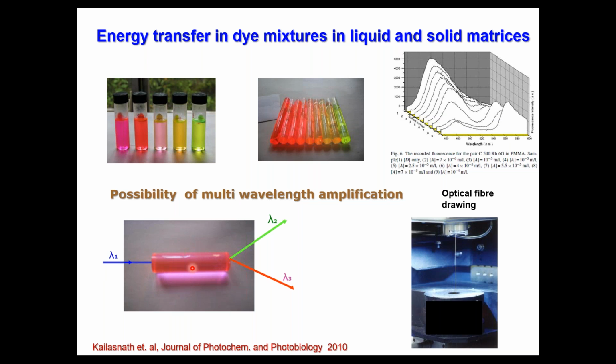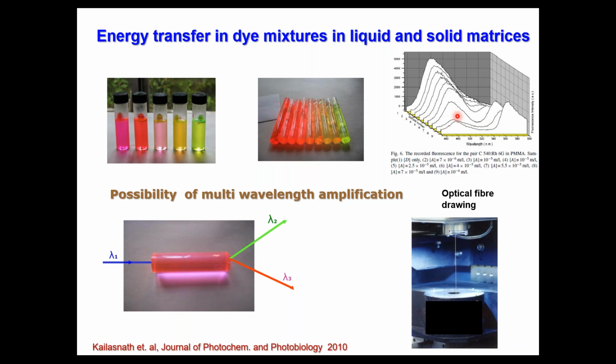For example, I have a solid plastic medium doped with a fluorescent material. Then I am pumping this with a blue laser. I can expect a green emission as well as a red emission, and that can be confirmed from here.